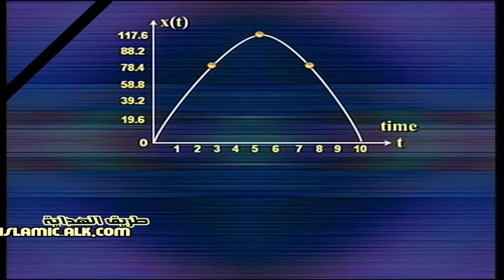When the body is ascending, after t equals 2, it reaches 78.4. When the body at t equals 8 is descending, the distance at this time is also 78.4.